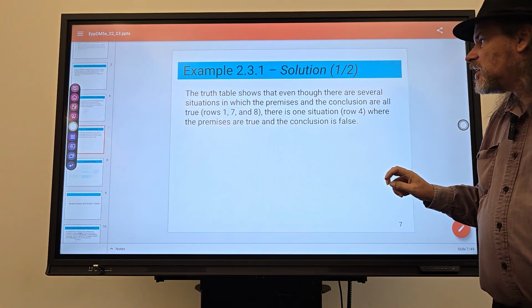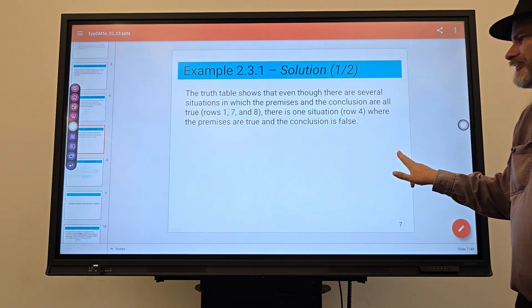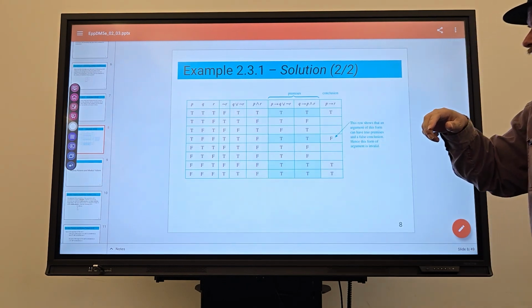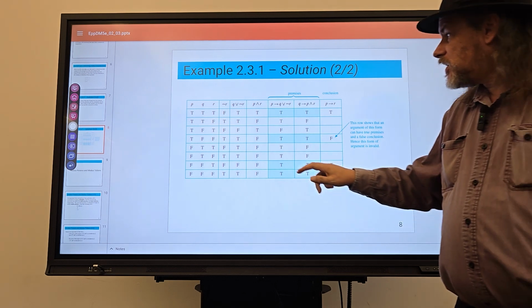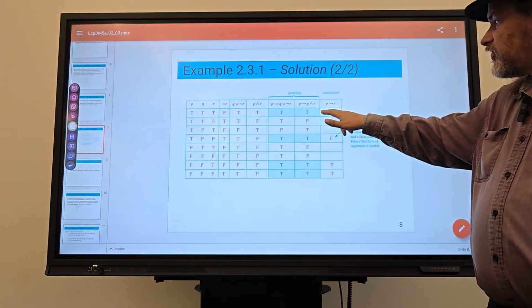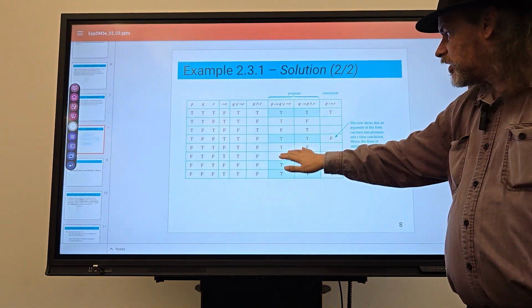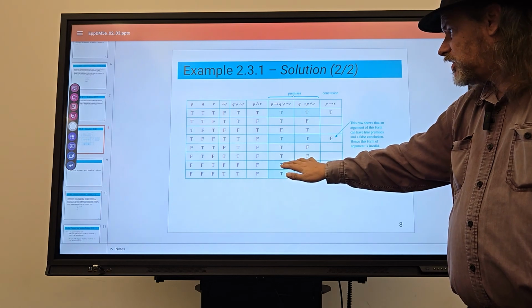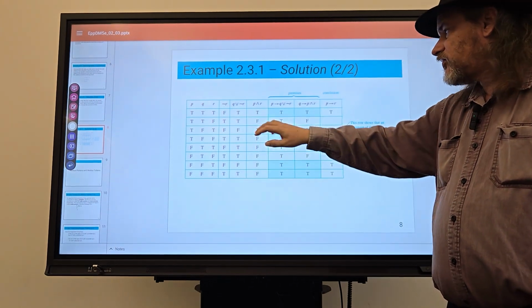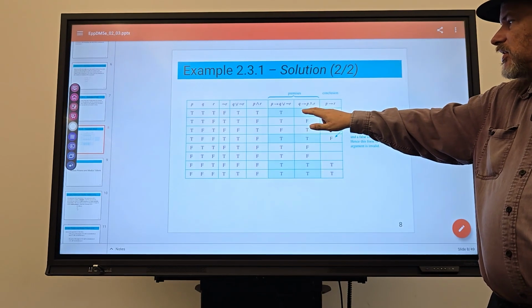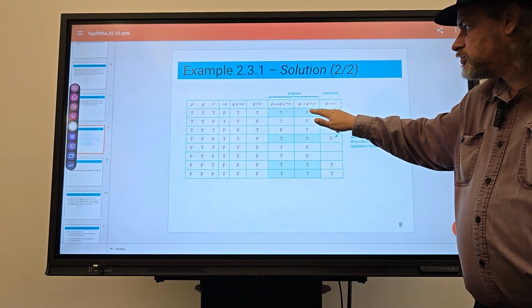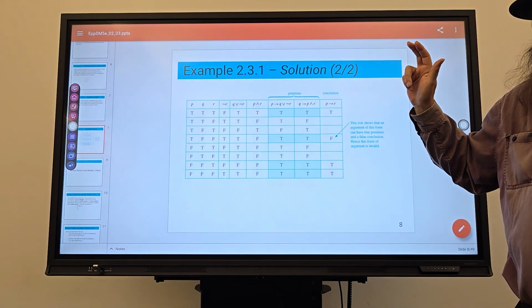So, we'll skip the explanation and look at it graphically. Only in these two columns are you worried about for the premises. You don't have to worry about all this, that's just building this. If both premises are true, that's a critical row.